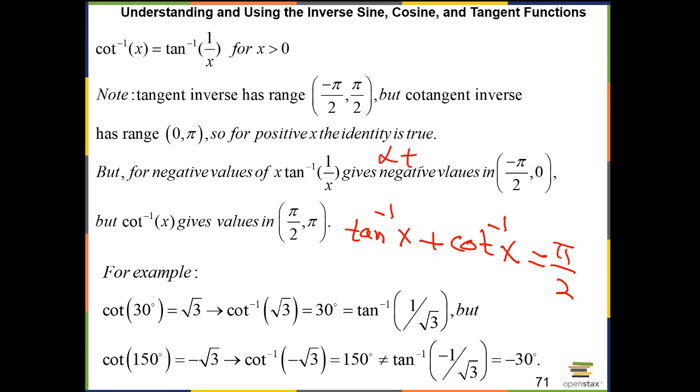So if alpha plus beta is pi over 2, then the tangent of alpha is the same as cotangent of beta, or the other way around. Tangent of beta is cotangent of alpha. So that means if the input values add up to 90, then the output values are equal.